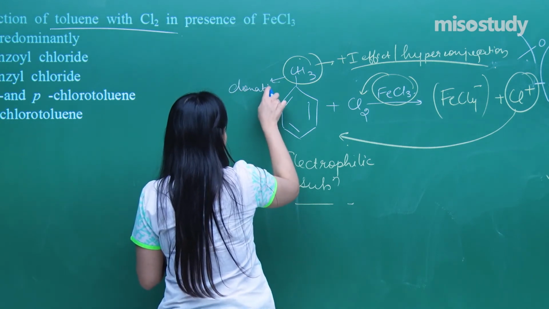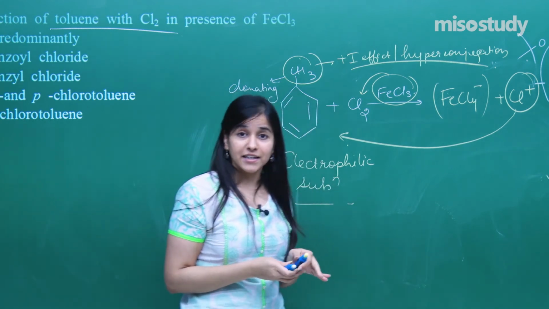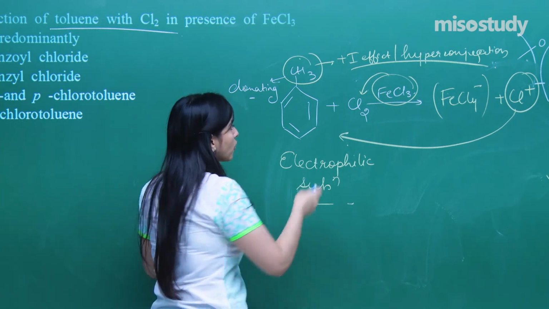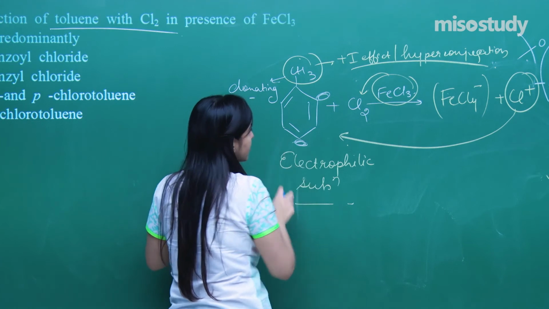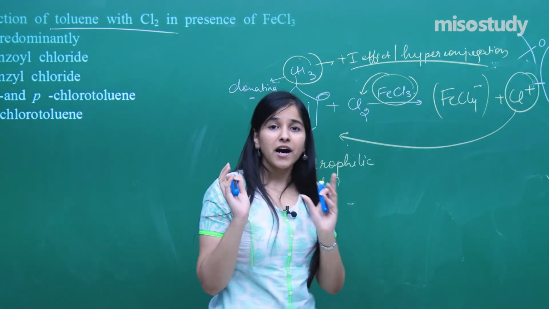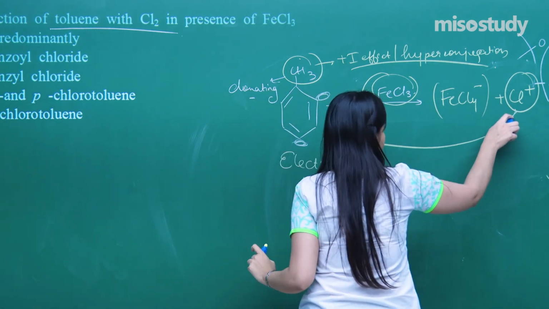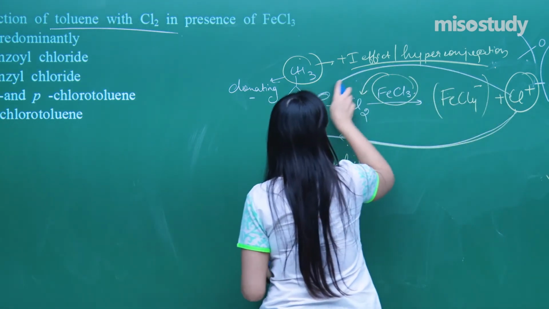Due to this donation capability, it is activating the benzene ring. So the benzene ring is getting activated on the ortho and para positions. These positions, ortho and para, have high electron density, so it will attract Cl positive towards the ortho and para positions.